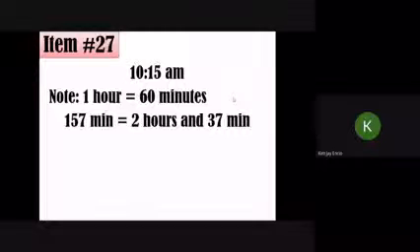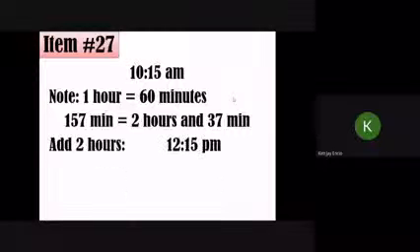That's why 157 minutes is equal to 2 hours and 37 minutes. So thus, in my case, I added the 2 hours first. Then after 2 hours, I will add the 37. Or if you wish, you could also add them directly.